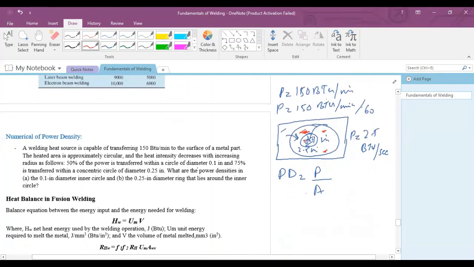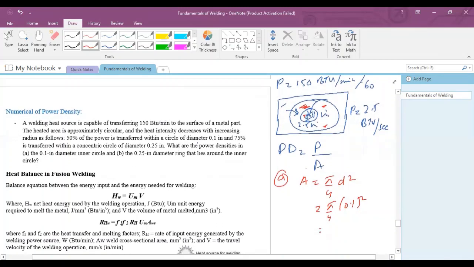First, in part A, the 0.1 inch diameter inner circle, the area is pi by 4 d square, pi by 4 into 0.1 whole square, which gives 0.00785 inch square.